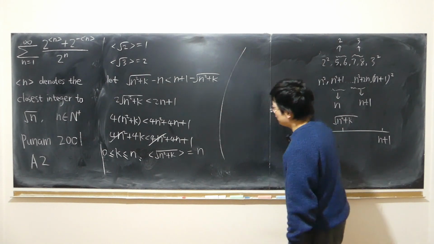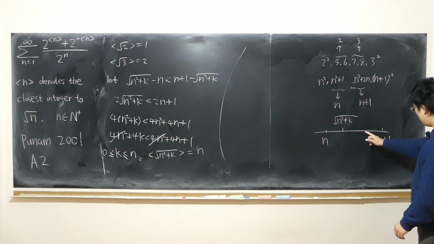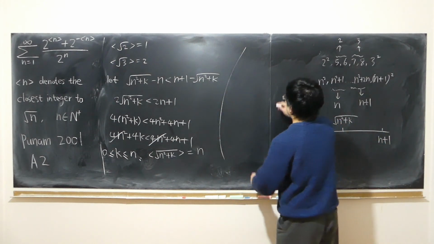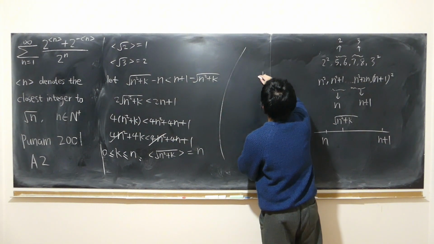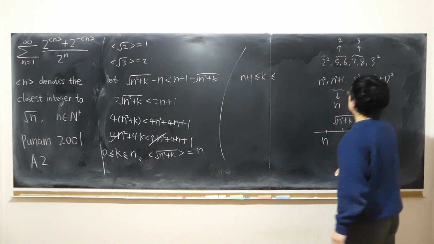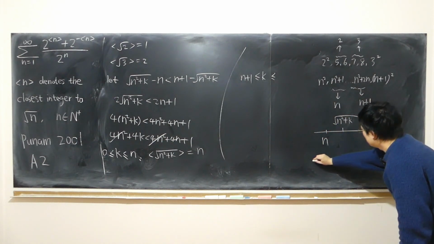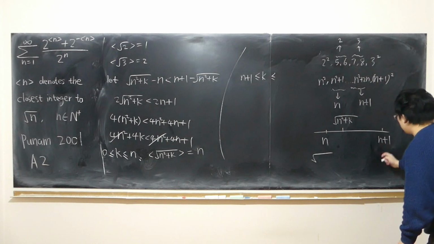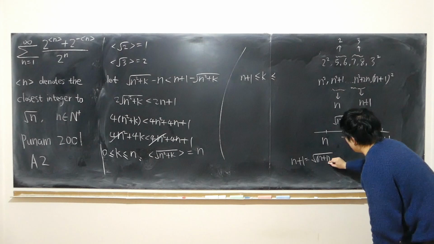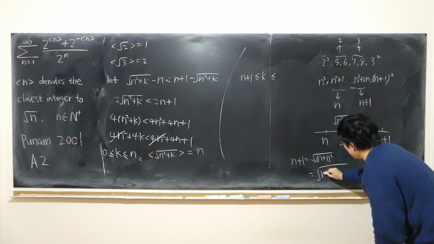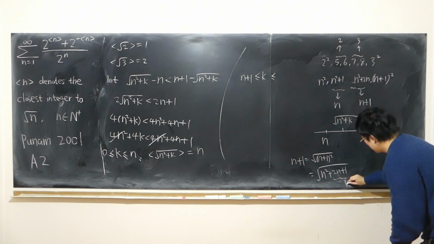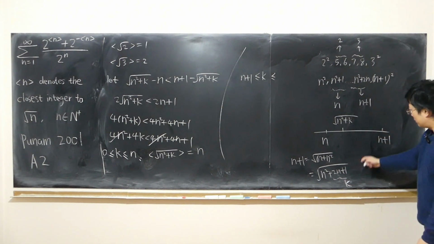Likewise, if you want it to be closer to n plus 1, you just change the direction. So it comes out that k is greater than or equal to n plus 1 and less than or equal to the value where the square root of n squared plus k equals n plus 1, that is the square root of n plus 1 squared, which is n squared plus 2n plus 1.